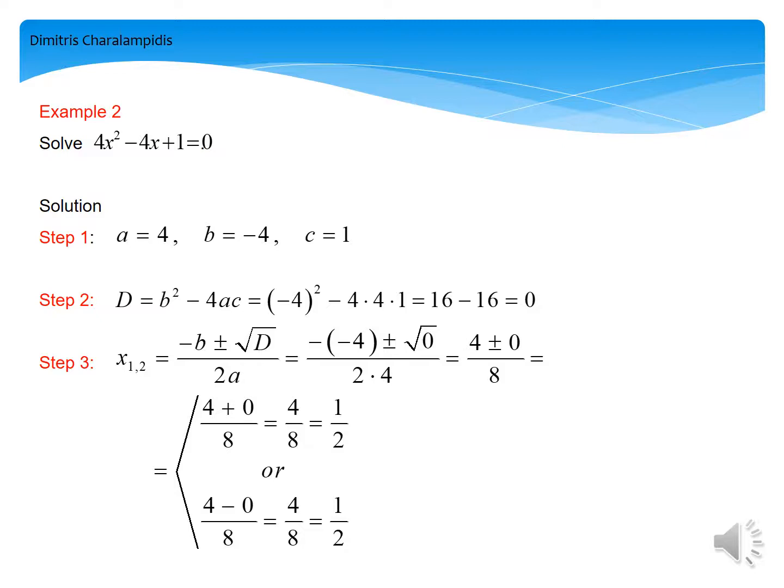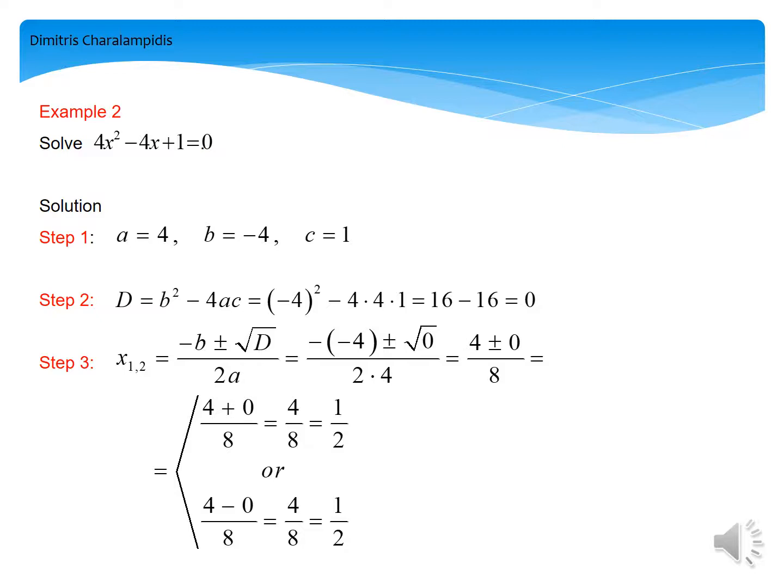We'll use the formula b squared minus 4ac to do that, and after some operations, we'll end up with the number 0. So, in this example, the discriminant equals 0, and this means that according to the theory we mentioned at the beginning, we expect for this example to have one double solution, which will be obtained by using the discriminant formula in step 3.